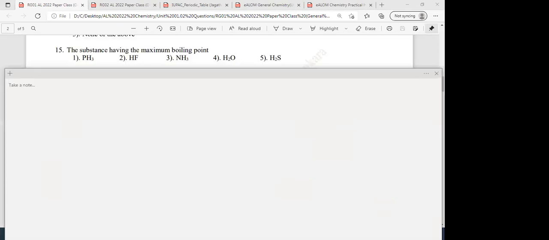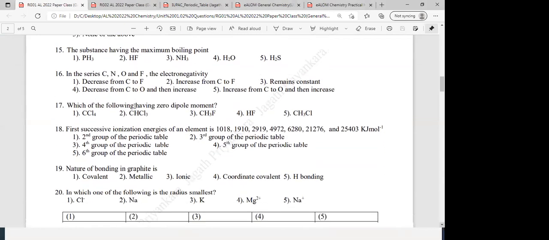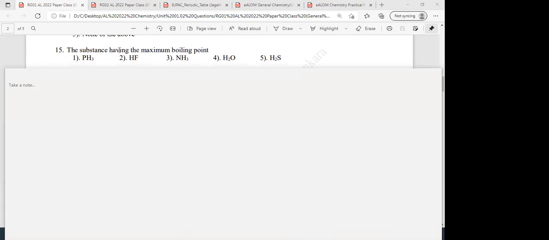Maximum boiling point. Others also hurry up.